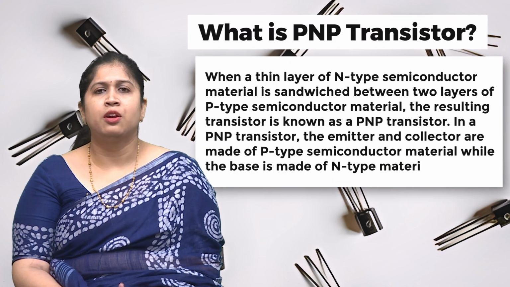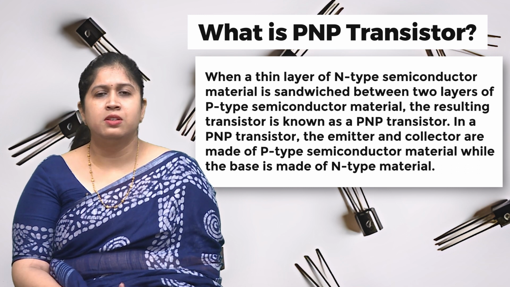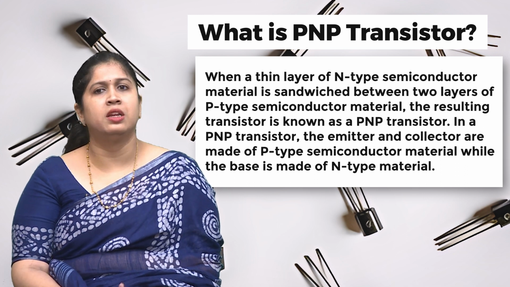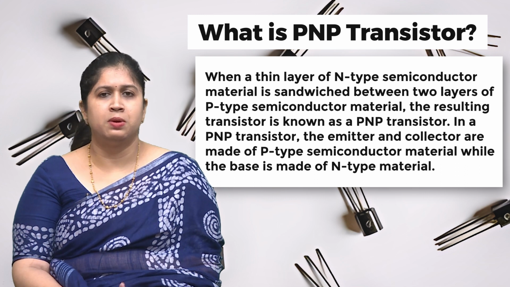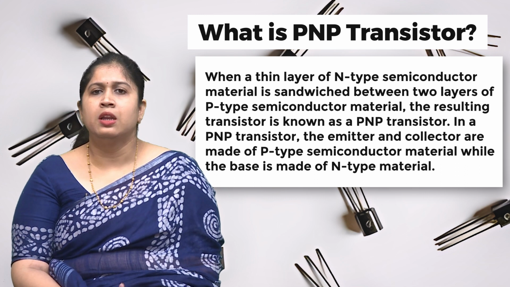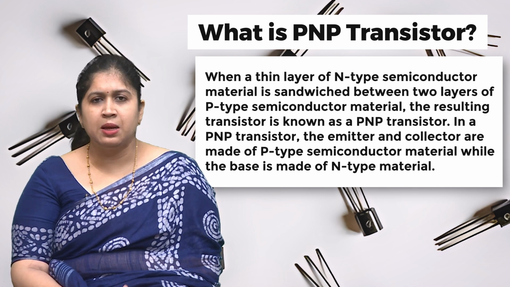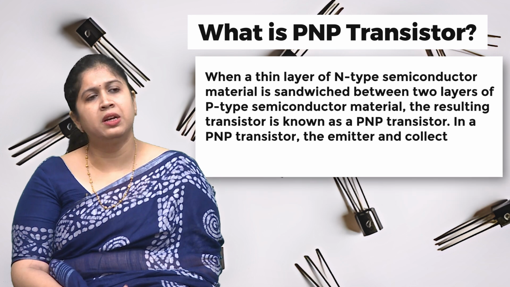When a thin layer of N type semiconductor material is sandwiched between two layers of P type semiconductor material, the resulting transistor is known as a PNP transistor. In a PNP transistor, the emitter and collector are made of p-type semiconductor material, while the base is made of n-type semiconductor material.